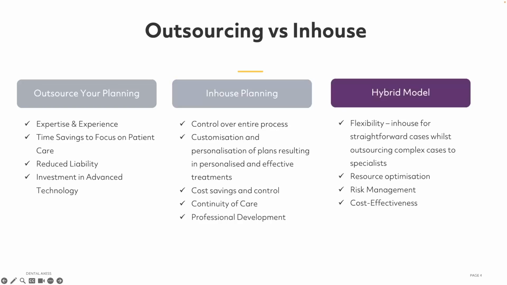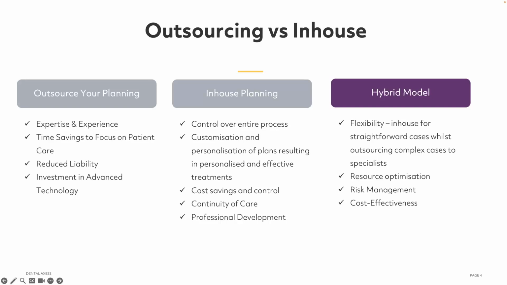Now, ultimately, what we find a lot of our doctors prefer to do is to find a flexible hybrid approach to balancing the benefits of outsourcing versus in-house planning. Which way do you normally choose? For routine cases and cases within your expertise, you can handle treatment planning in-house to maintain control and continuity of care. And for complex cases requiring specialized expertise, you can leverage outsourcing to ensure accurate and effective treatment outcomes.